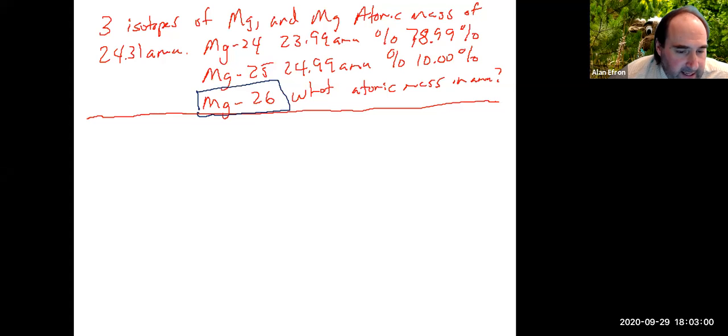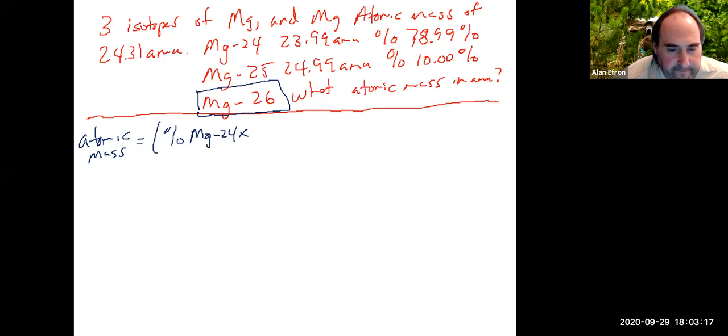So in this case, the atomic mass will equal the percentage of our magnesium 24 times the AMU for magnesium 24, plus the percentage of our magnesium 25 times its AMU, plus the percentage of our magnesium 26 times its AMU.